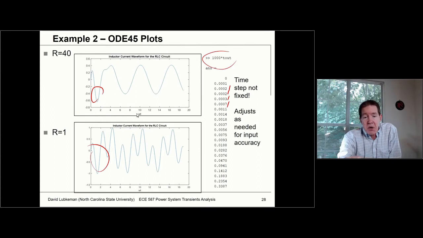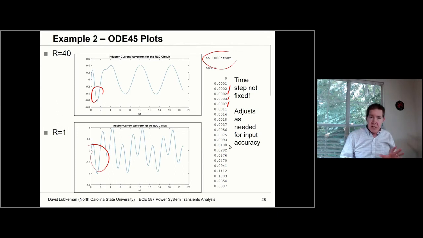Once you get more into a steady state and you're past the transient portion, you can relax the time step and use larger time steps. That's one thing you'll see in these codes, and even in Simulink: if you use these variable time step algorithms, it'll adjust the time step as needed to give you a certain amount of accuracy.